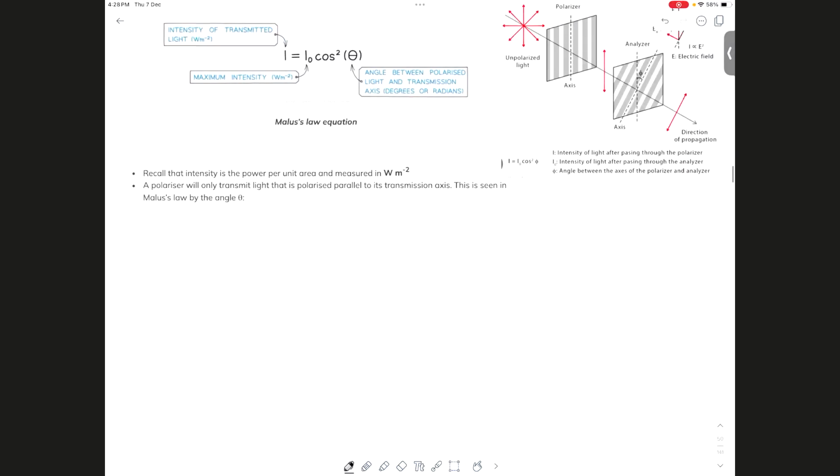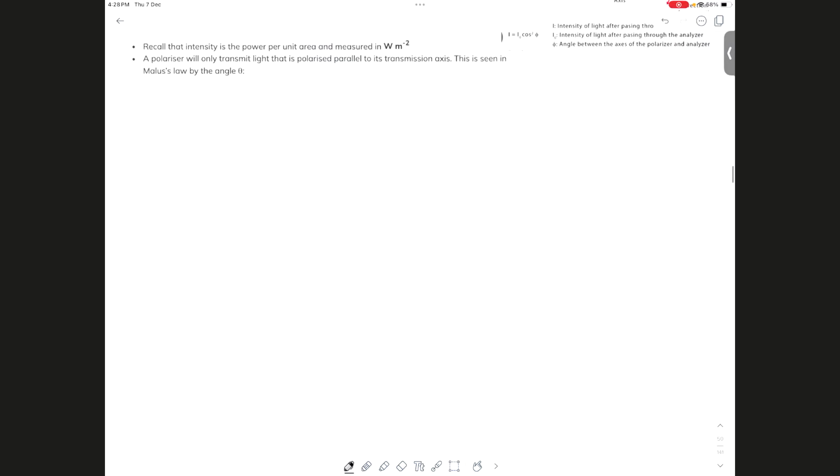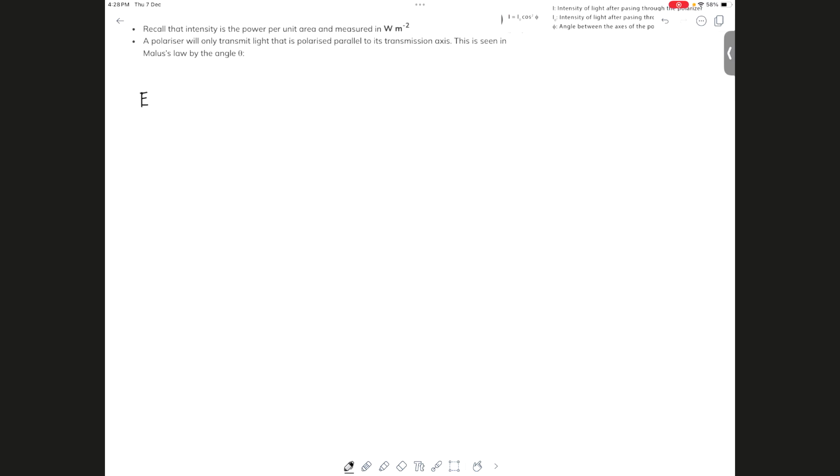So the equation is I equals to, so this is the equation for what? Equation for variation of intensity with filter rotation angle. Do you understand what I meant?